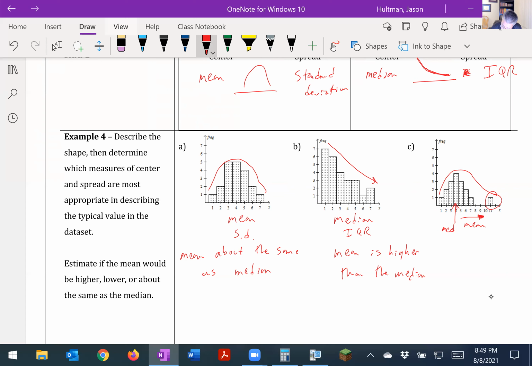So here I would want to use the median and the IQR if I have outliers. I don't want my data to be skewed by that outlier. The outlier would push the mean too high, so the mean is higher than the median again.